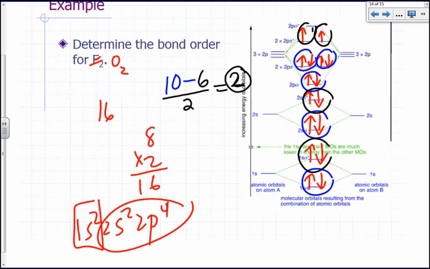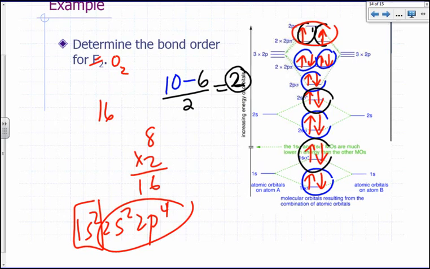But look, there's something interesting here. Even though we expect oxygen to have a double bond, look at these two unpaired electrons here. Molecular orbital theory, LCAO-MO theory, predicts that two of the electrons in oxygen are not actually paired. They're in separate pi orbitals. And one piece of experimental evidence that supports this is the fact that oxygen is paramagnetic.